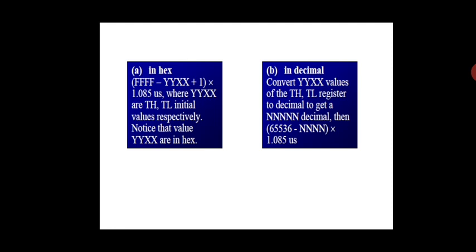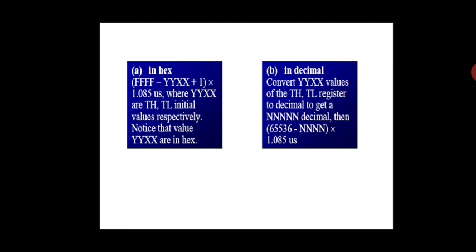FF in hexadecimal, the maximum value for 16 bits, minus whatever data you set in TL and TH, that is YYXX plus 1, means the total is whatever number you get in hexadecimal, into 1.085 microsecond. I am using 1.085 as a standard, but sometimes it may change. If the frequency is given differently, you don't consider 1.085; you have to calculate it yourself.